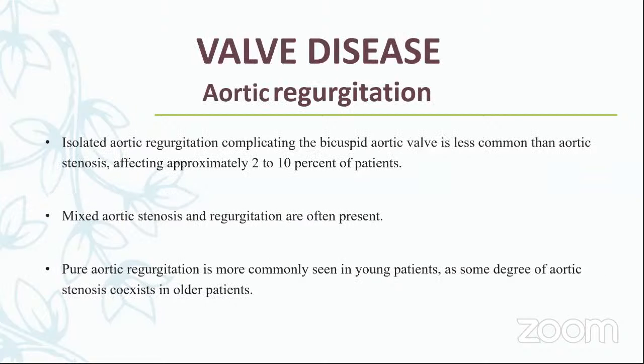Aortic regurgitation: isolated aortic regurgitation complicating the bicuspid aortic valve is less common than aortic stenosis, affecting up to 10% of the patients. Mixed stenosis and regurgitation are often present, and pure aortic regurgitation is more commonly seen in younger patients, as some degree of aortic stenosis coexists in older patients.